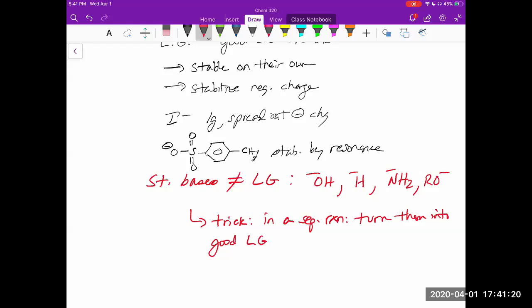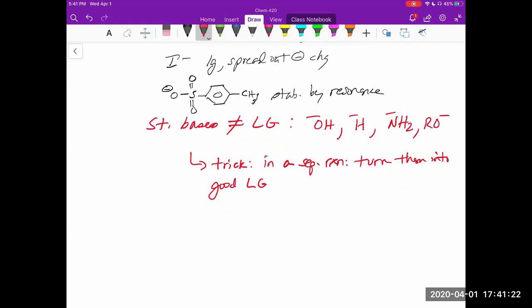And we looked at an example towards the end of lecture where we have OH and we could treat it with HI, for example. And the first thing that happens is the OH won't leave, but we're not going to ask it to. We're going to protonate it.